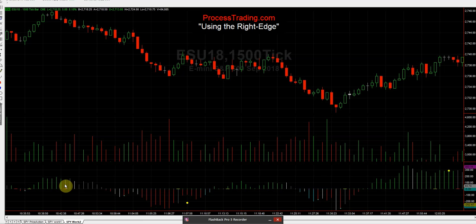The gray bars indicate there's weakness coming in. If they're up here within the demand side, that means there's weakness coming in demand. It doesn't necessarily mean there's supply coming in yet, but it means there's weakness coming in. And on the supply side, here is weakness coming in to the selling.